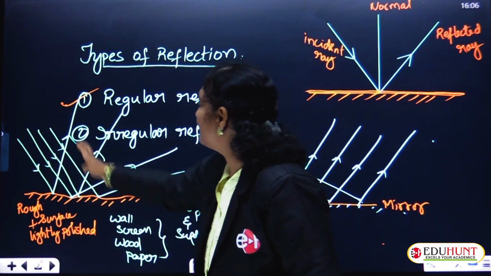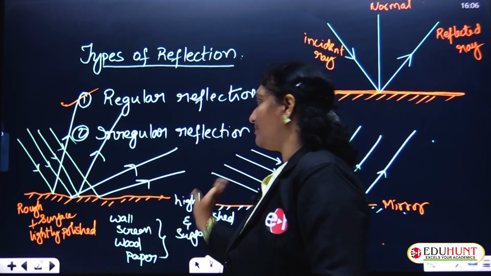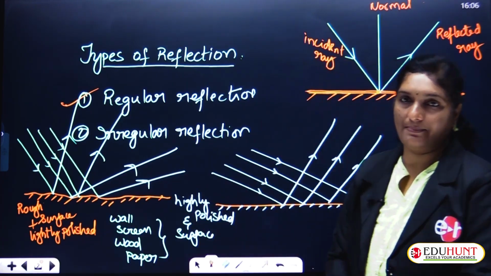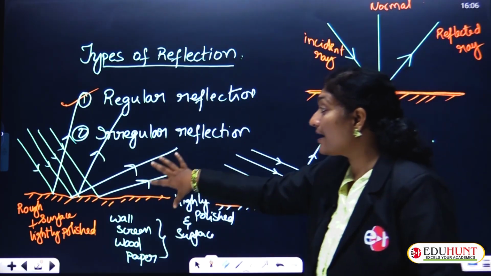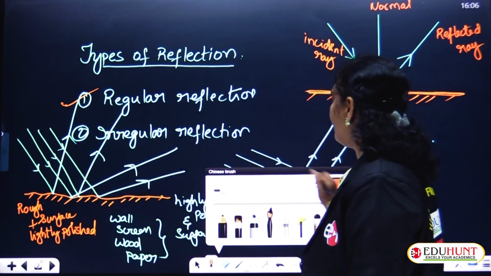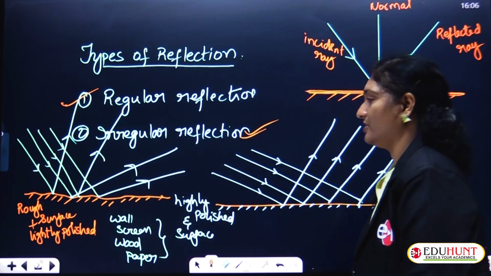One light ray travels in this direction, another in another direction, and one more in a different direction. So the reflection takes place in multiple directions. This type of reflection is generally called your irregular reflection.